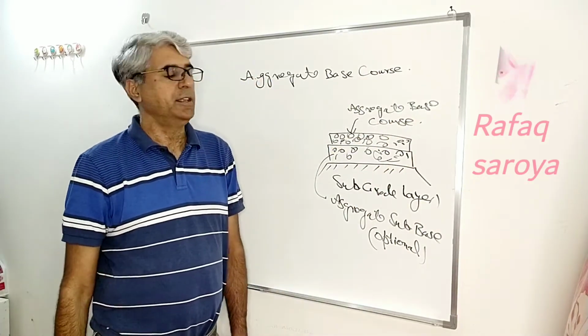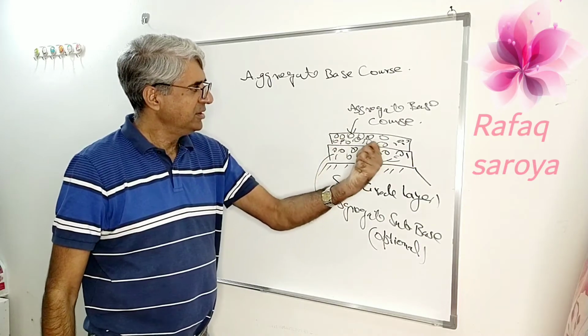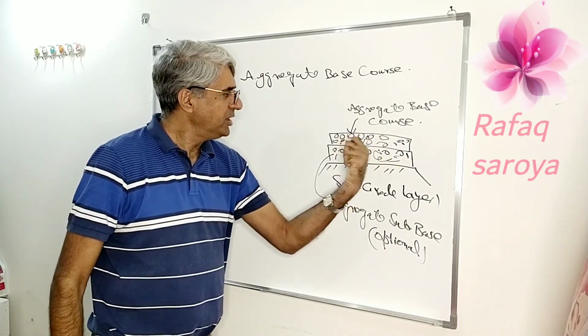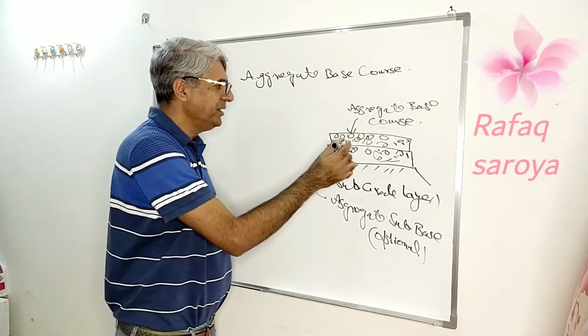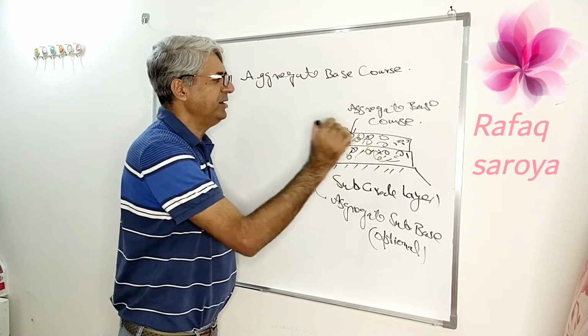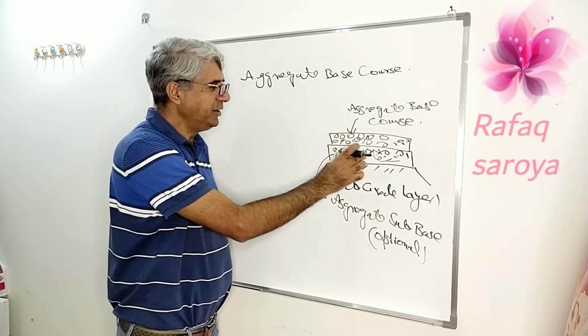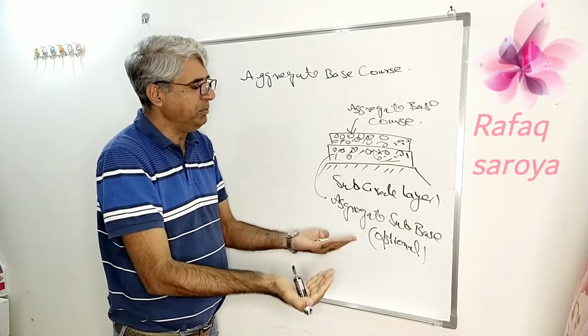Very important layer. So from this figure which I have drawn over here, this is optional. It means this is not mandatory. It is optional. Sometimes we are putting, sometimes we are not putting.